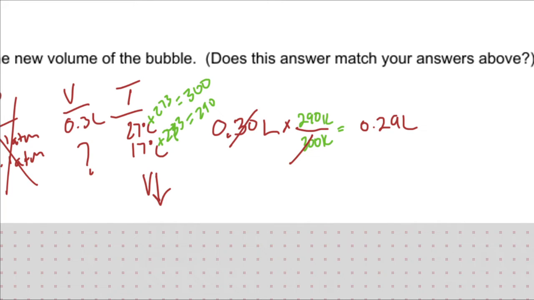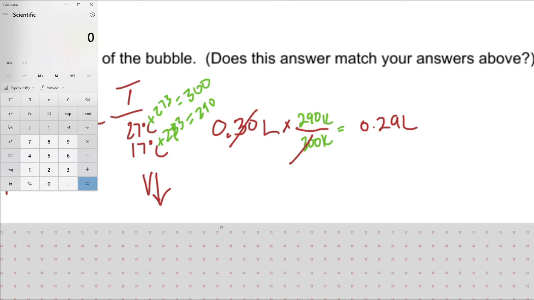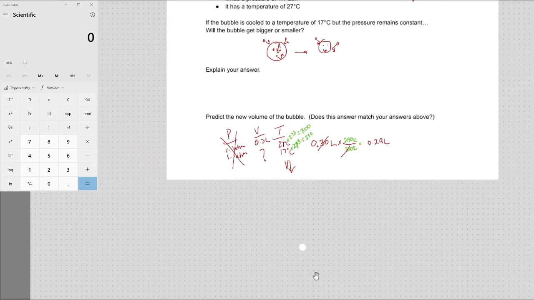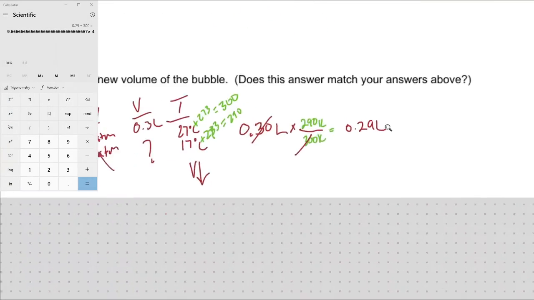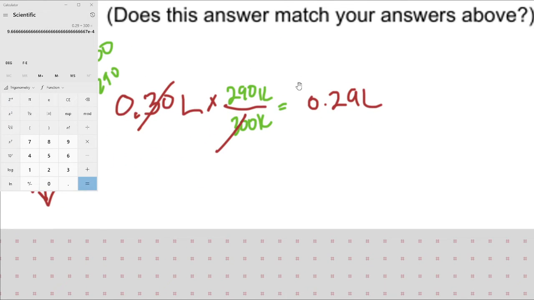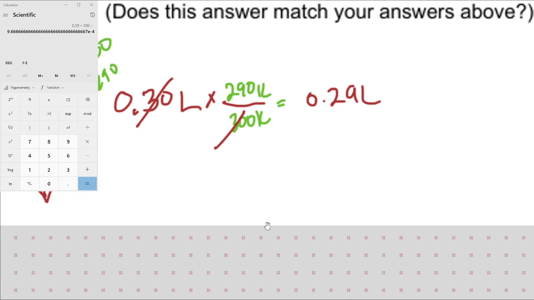There you go. 0.3 times 290 divided by 300 equals 0.29. So yeah, I think that's my answer.